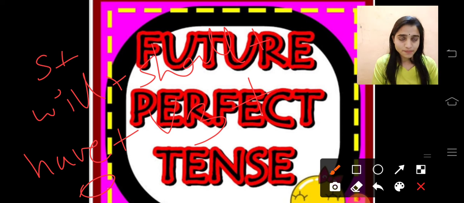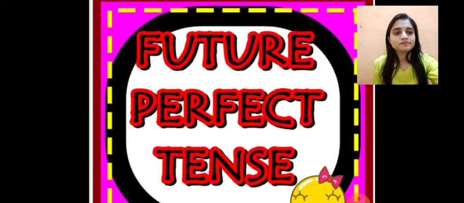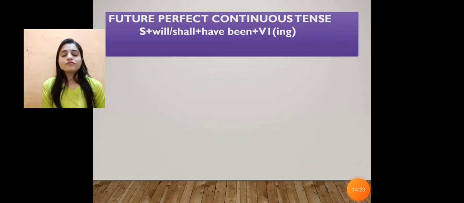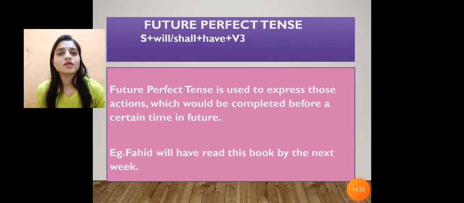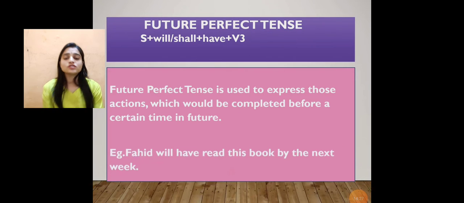Now let us understand the usage of future perfect tense, and let us see the various examples of how we can make the correct usage of the future perfect tense in sentences. Future perfect tense is used to express those actions which would be completed before a certain time in future.